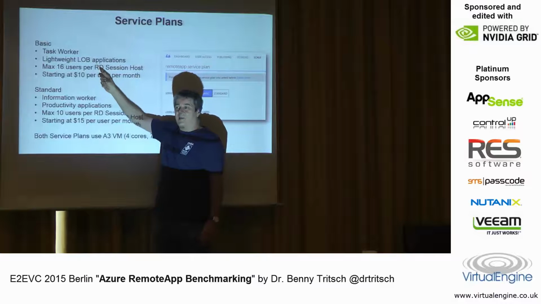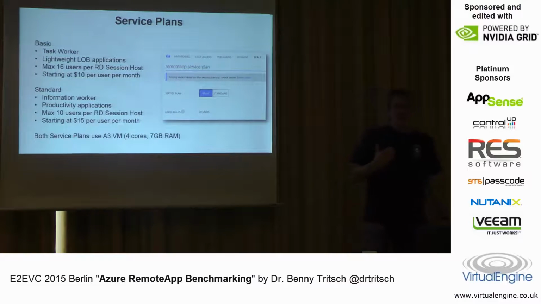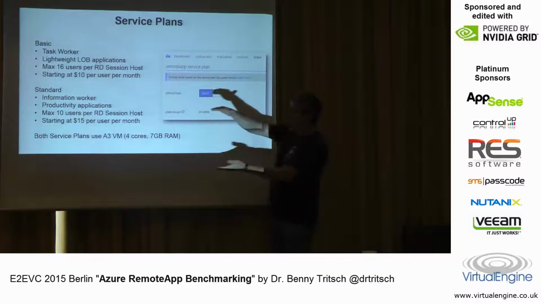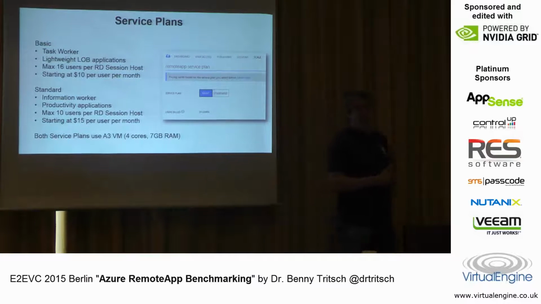While he logs in, they're launching, spinning up a new VM, and user number 17 will go to VM number 2. So they're going to fill up VM number 2. You do the math, 32 users, and user number 33 will go to VM number 3.